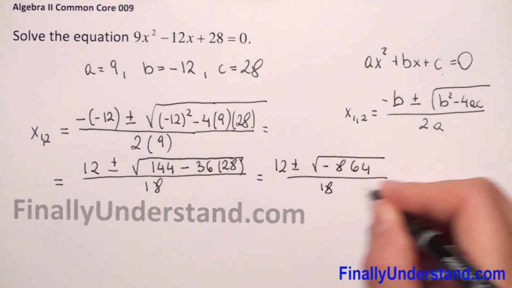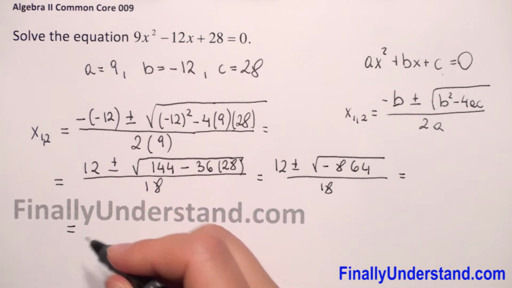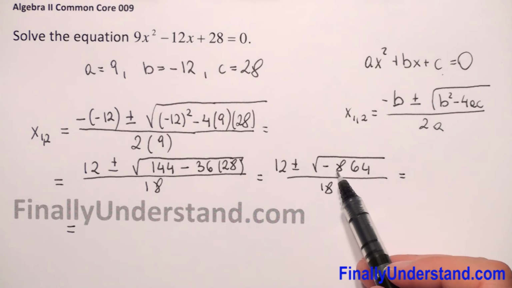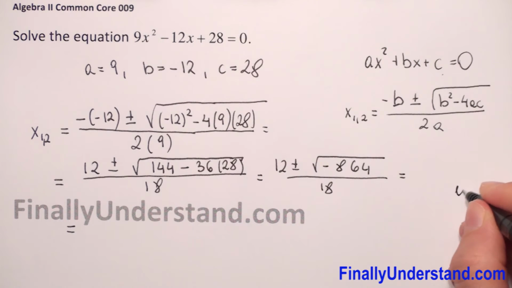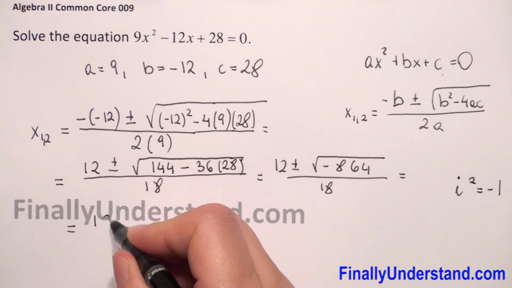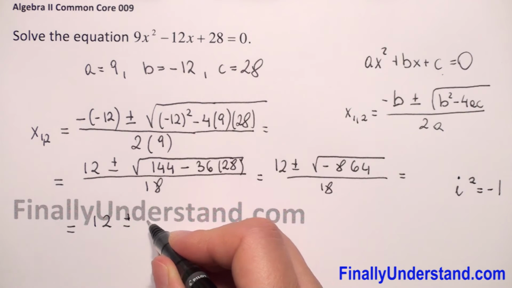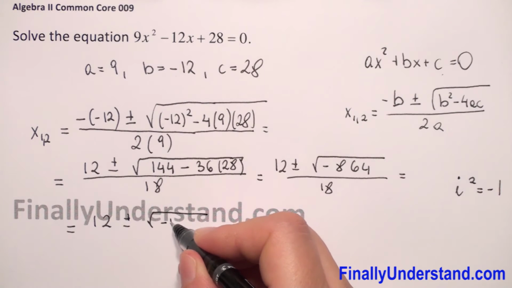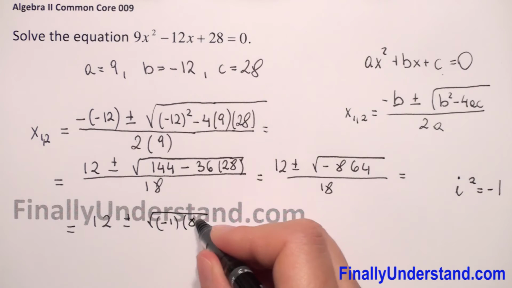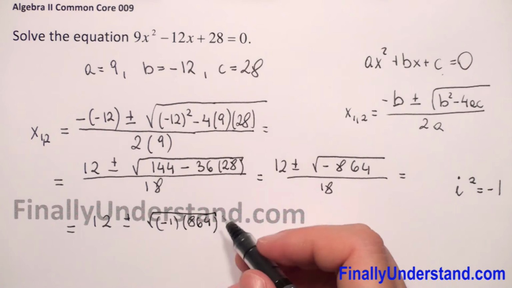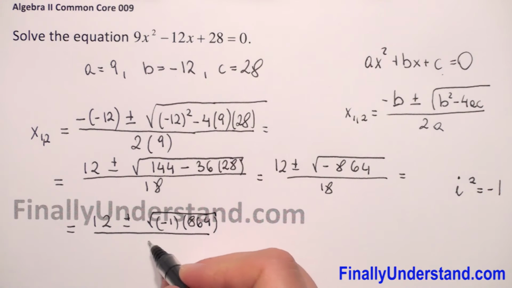So this is equal to negative 864 over 18. Because under the square root we have a negative sign, it means we will use here i squared is equal to negative 1. So 12 we copy, plus minus, and now under the square root we write negative 1 times 864, over 18.